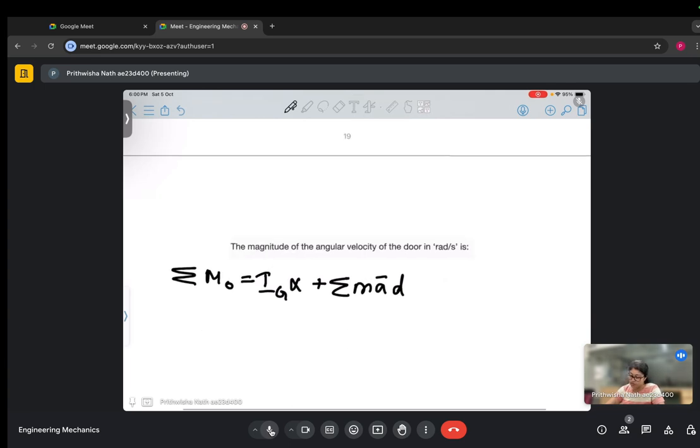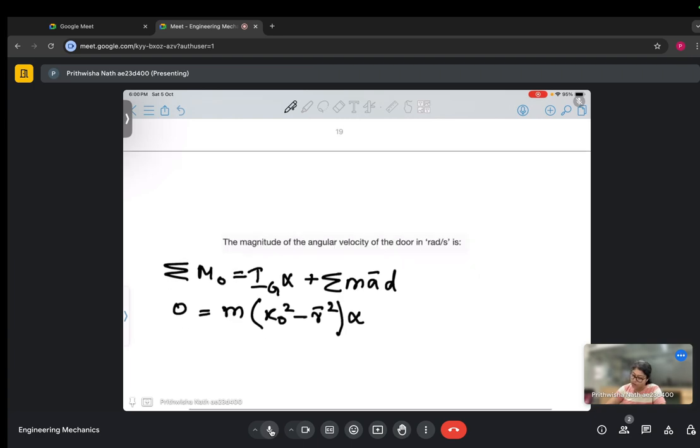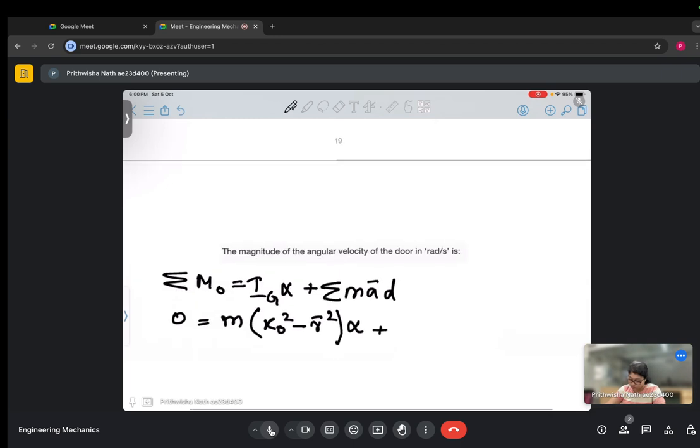So moment about O is 0. I_g alpha is nothing but m k_O square minus this into alpha plus m r bar alpha r bar minus m a r.